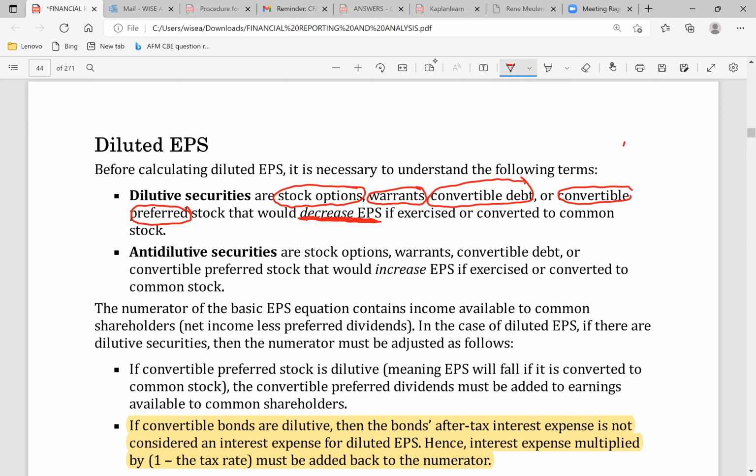Anti-dilutive securities are stock options, warrants, convertibles, which, if we convert or exercise them, lead to an increase in earnings per share. Then they are anti-dilutive, and when you are calculating your diluted earnings, they shouldn't be included. Good.